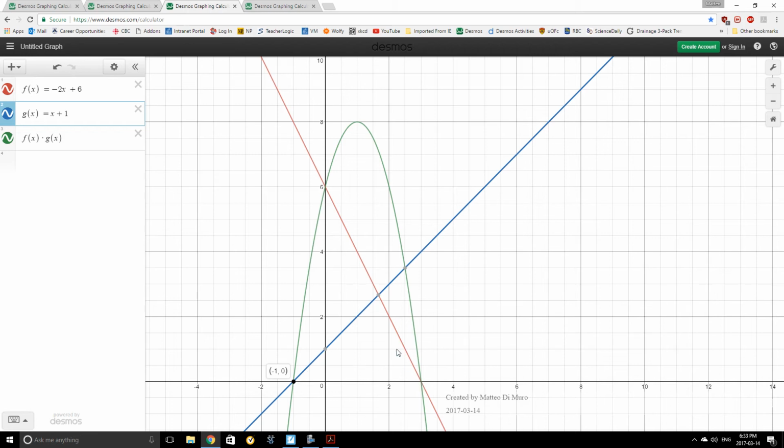Let's find another good point to look at, the y-intercept. On the red function, the y value is 6. On the blue function, we got a y value of 1. Well, 1 times 6 is 6. So there's our y-intercept. And again, we're just doing these graphically today.